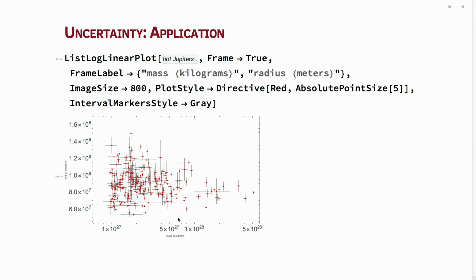And the horizontal axis is the estimated mass of the planet, and the vertical axis is the radius in meters. And so this is a log linear plot, so we have a log scale on the x-axis and a linear scale on the y-axis. And then we're styling the points and styling the uncertainties, and some of those uncertainties are quite large, and this is the nice set of planets.